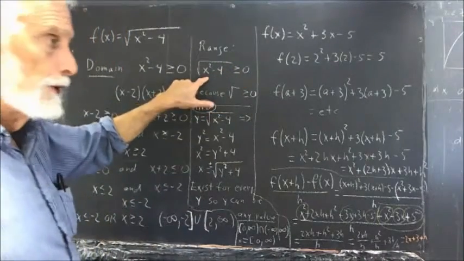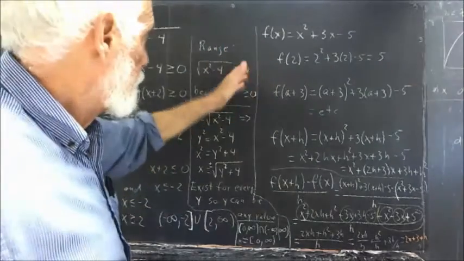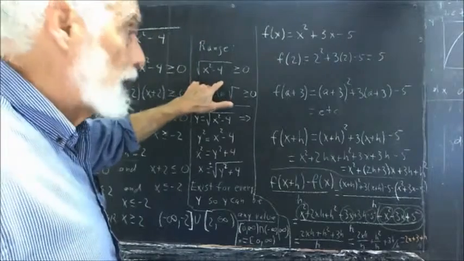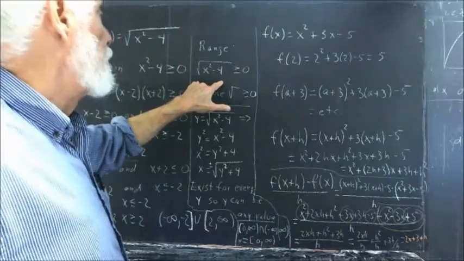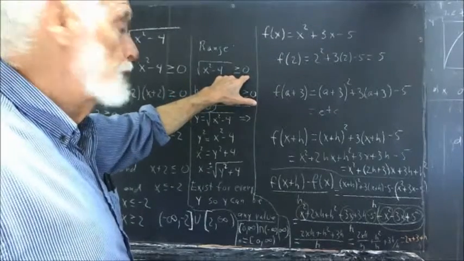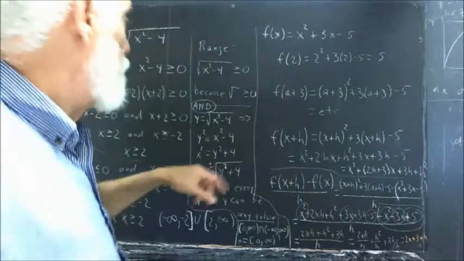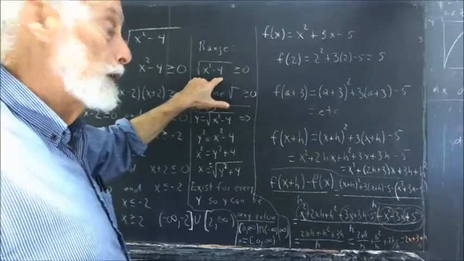Now, this doesn't assure that we could always find an x for any number greater than or equal to 0, and the range only consists of the numbers that could be the result of this calculation. So the question is: for any number greater than or equal to 0, is there always a value of x that gives us that number? Or alternatively, are there any numbers greater than or equal to 0 that we could not get from this calculation?